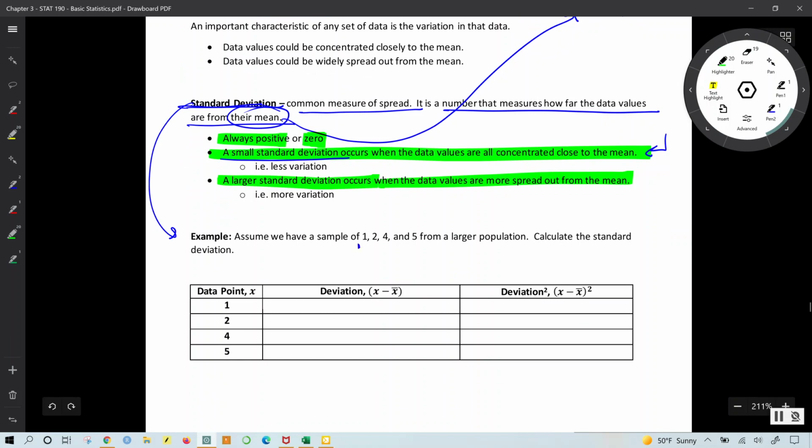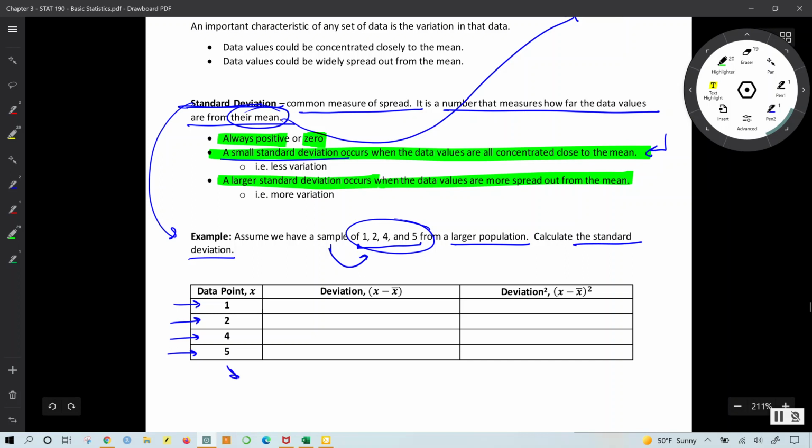We take a small example. We have the numbers 1, 2, 4, and 5 in a single data set. It is a sample that has been taken from a larger population, and our goal is to compute the standard deviation by hand. This is what we do.